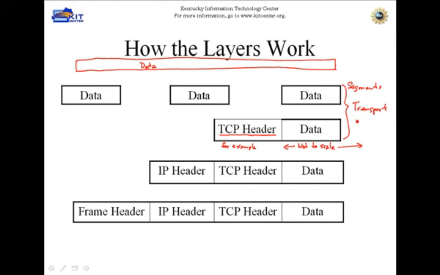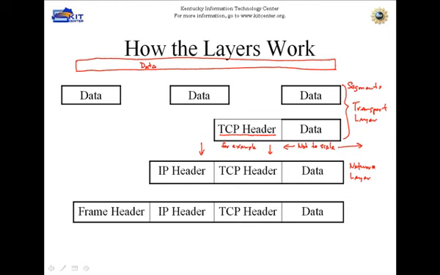Now, what's going to happen here is, from the transport layer, all this is going to go down to the next layer in the stack, and this is the network layer. Now watch what happens in the network layer.